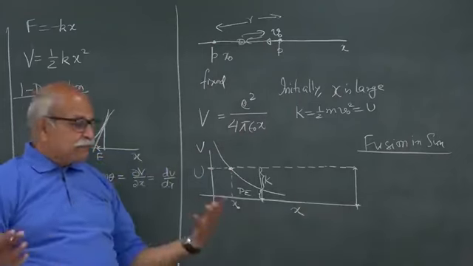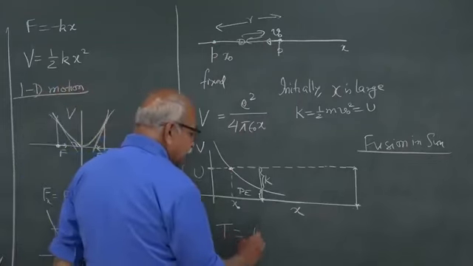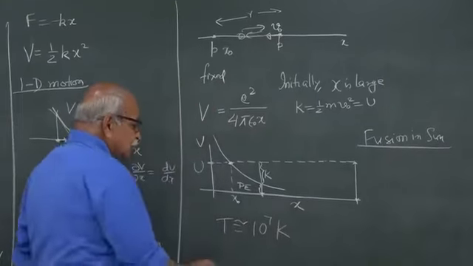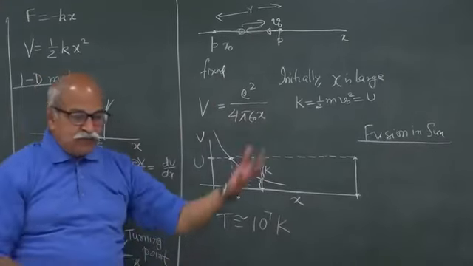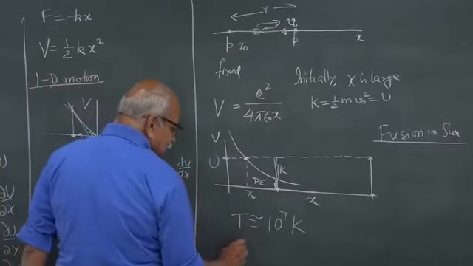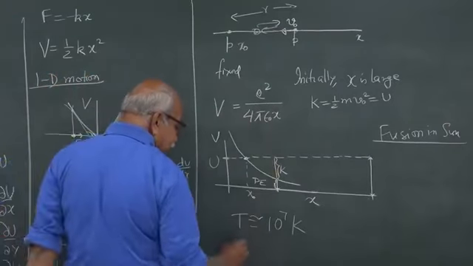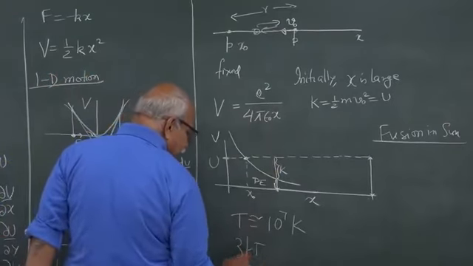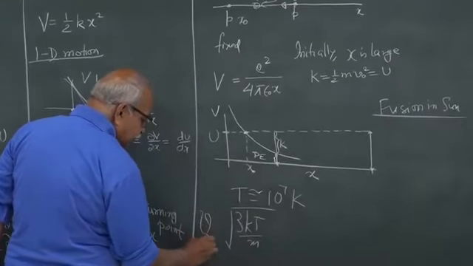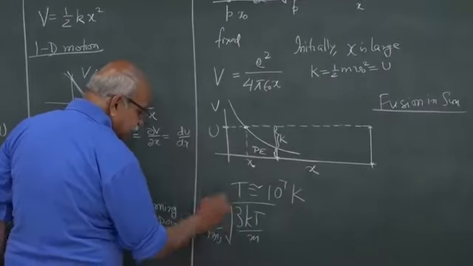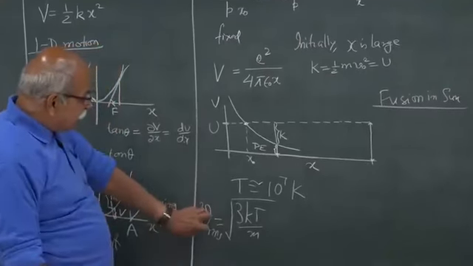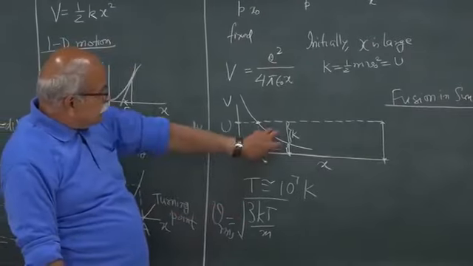Now, in the sun the temperature is of the order of 10 to the power 7 Kelvin or so, and you can assume that all the protons are moving with some thermal energies, the random motion, with the RMS value of the speed given by the square root of 3kT by m. If you calculate this you get some value, and with that you can calculate how much x naught should be.